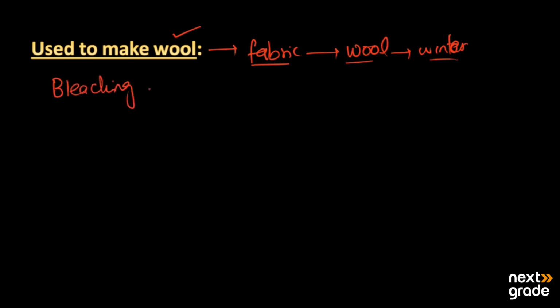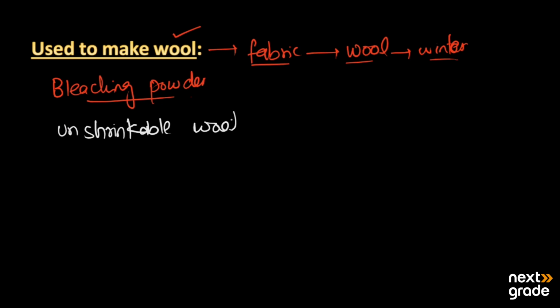The type of wool that we can produce from the use of bleaching powder is called unshrinkable wool. So this wool is very good, and it has another property: it is unshrinkable. No one can shrink that wool, so that's why it can be used for a long term.